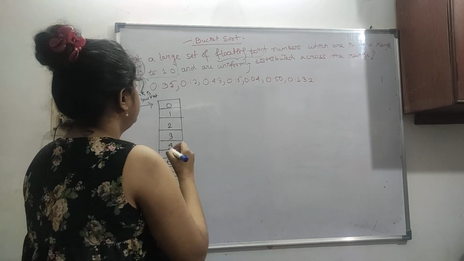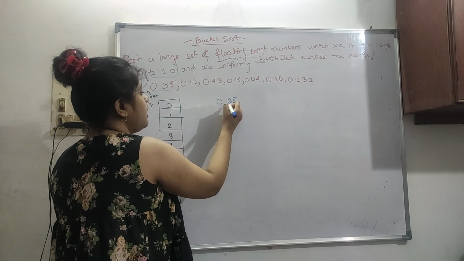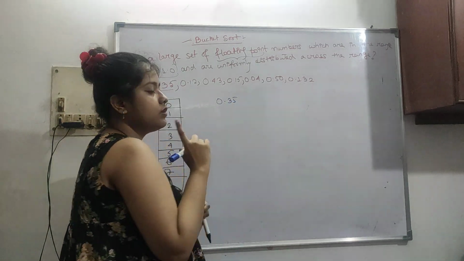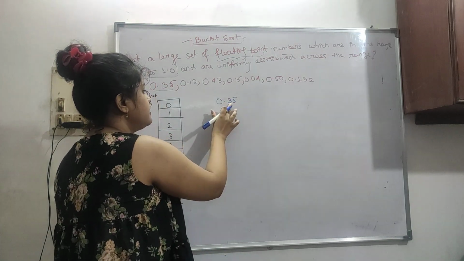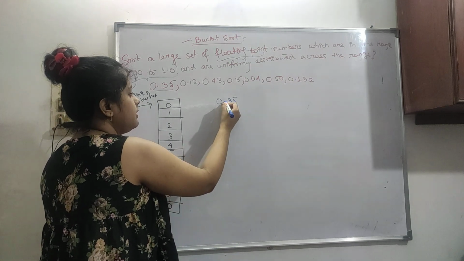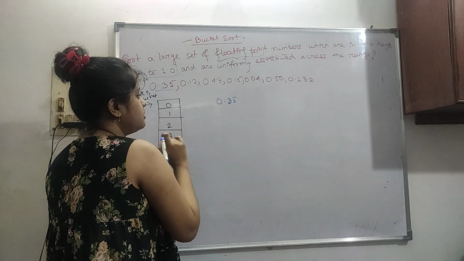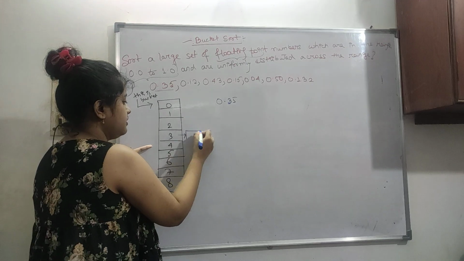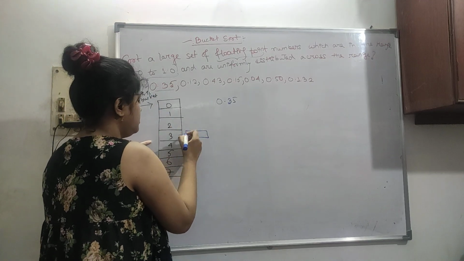For example, I will tell you how it is working. Let's say 0.35. After the radix point, whatever the first digit is, we will place it in that position. So here 0.35, the first digit is 3, so we have to place it in the third row.